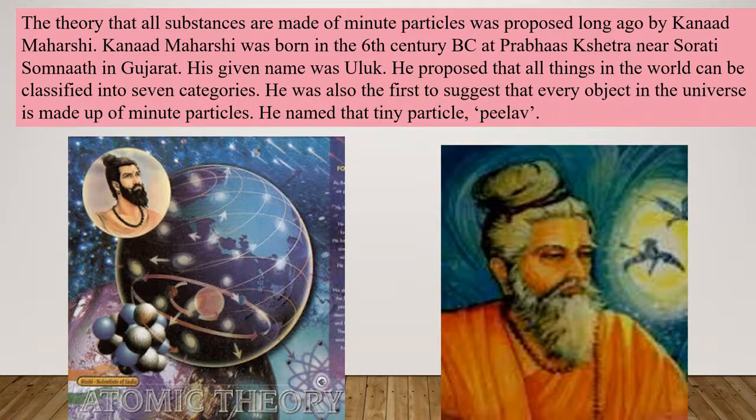He was also the first to suggest that every object in the universe is made up of minute particles. He named those tiny particles Pilav. Okay, so this is the picture of Kanad Maharishi. He was the first person to tell us that anything around us is made up of small tiny particles, and he named those tiny particles Pilav.